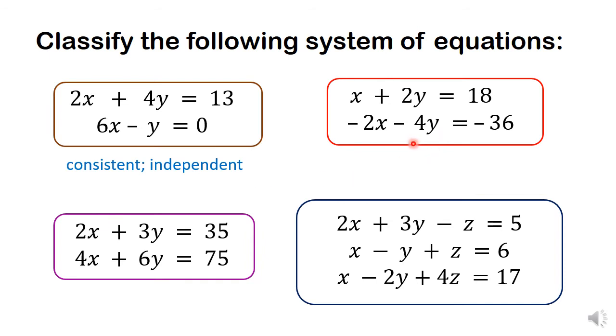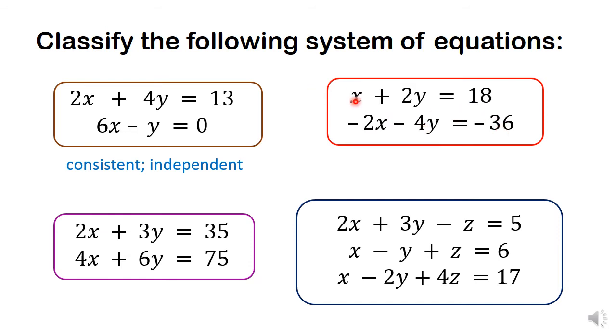Whereas yung next naman natin, next system, we have this equation and this equation. So notice that there's a pattern between the coefficients of x and y and the constant. From 1 naging negative 2, yung 2 naging negative 4, and 18 naging negative 36.